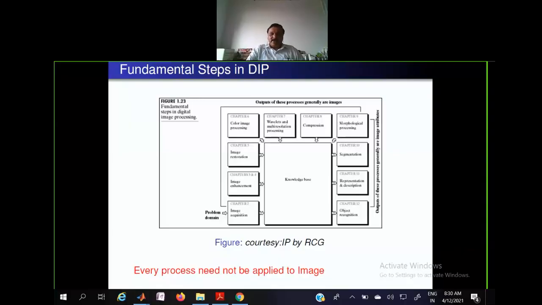That means you cannot directly write this block diagram. You should know what different blocks are required. If it is face recognition, you should decide what all the blocks are that are required. Do I need color processing? That means you should justify the blocks. So my suggestion to you is to take various systems, for example, license plate recognition system, hand gesture recognition system, face recognition system, and I'll list out one or two more.